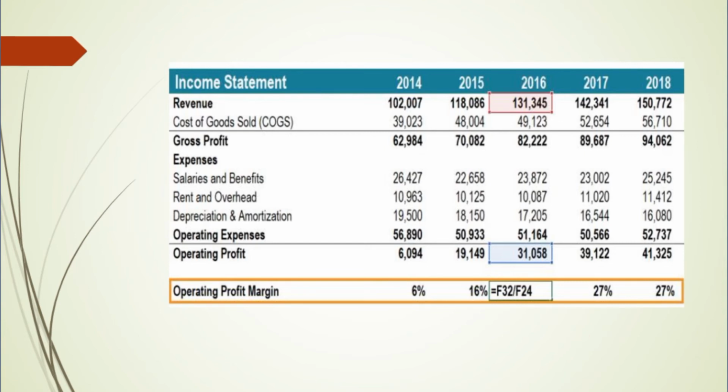The 70,082 pesos in gross profit and 19,149 operating profit is divided, and the operating profit margin is 16,000.